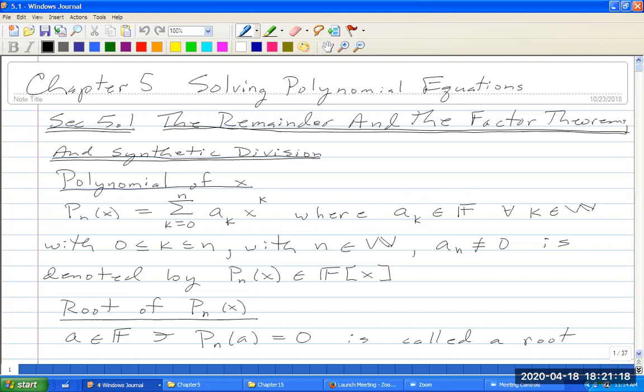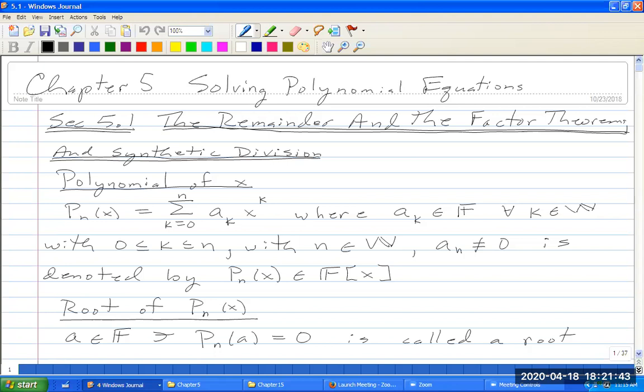Usually we'll be doing this over fields. Sometimes they won't be fields. They may just be integral domains for all k being whole numbers between 1 and n, where n here is a whole number.